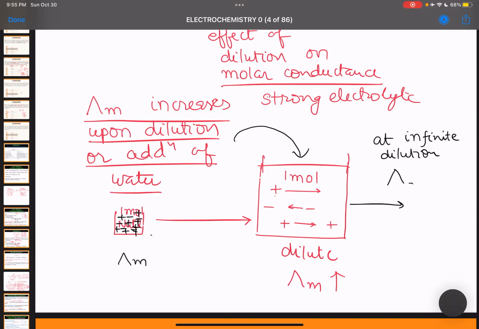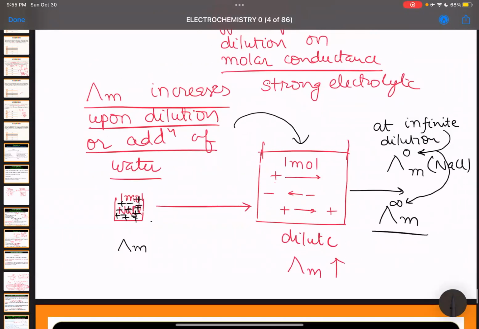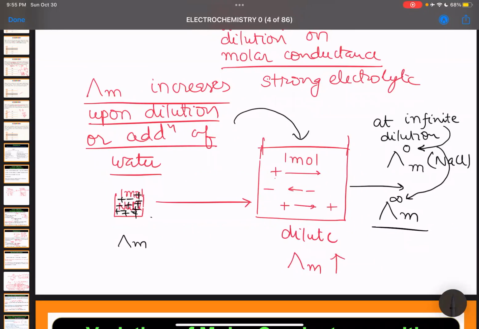It is represented by putting this knot, or it is also represented by this infinite symbol. Both are the same. It is the molar conductivity of, let's say, NaCl. It is the molar conductivity of 1 mole NaCl at infinite dilution, and it is going to be the maximum. Okay, maximum value, right?